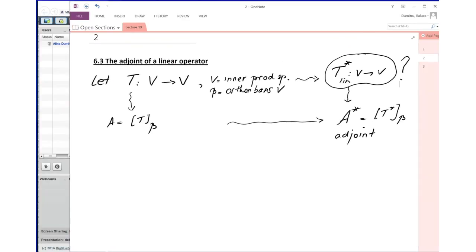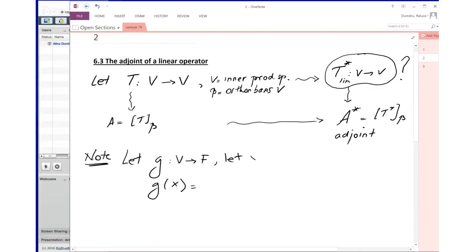Before we start this process, let's make one remark. Let's say V is an inner product space, and x0 is fixed in V. Define g from V into F as g of x equals the inner product between x and that fixed x0.